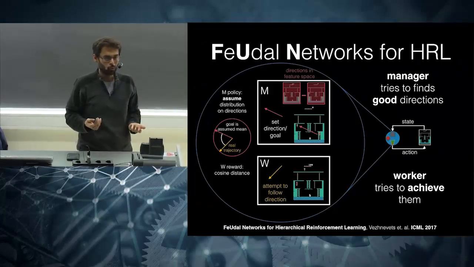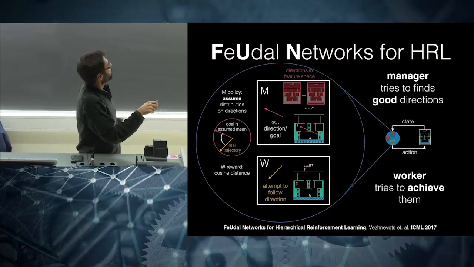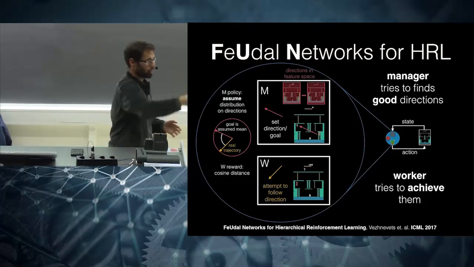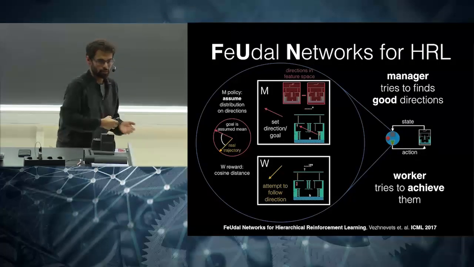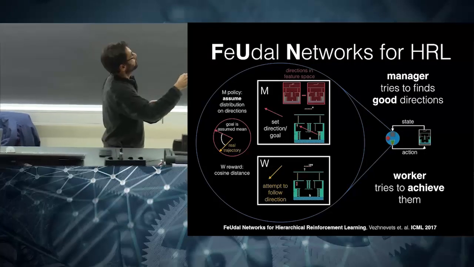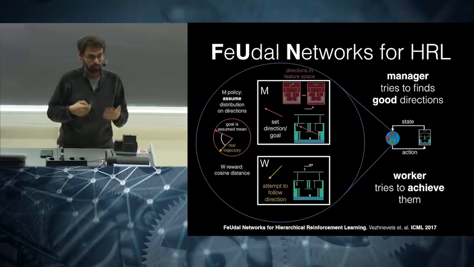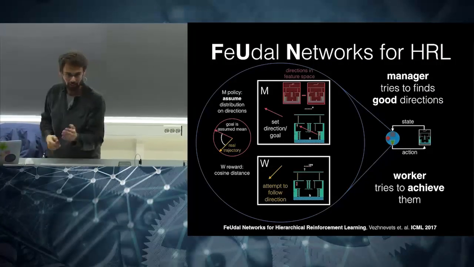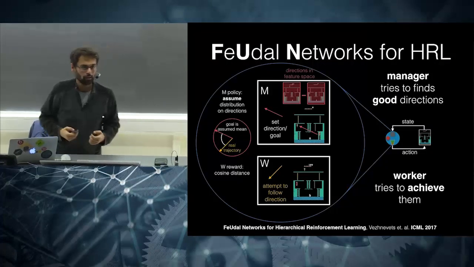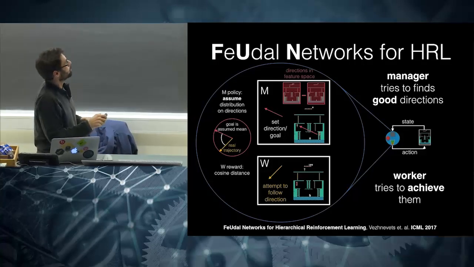How is it rewarded? Well, the worker will do something. It goes from one state to another state. Now it also has this vector that it went on. We can compute the cosine similarity between the manager's direction and the worker's direction. And if it is matching, there is reward.